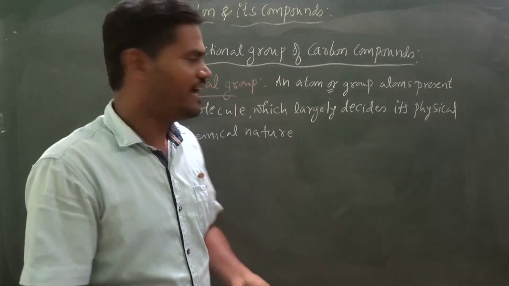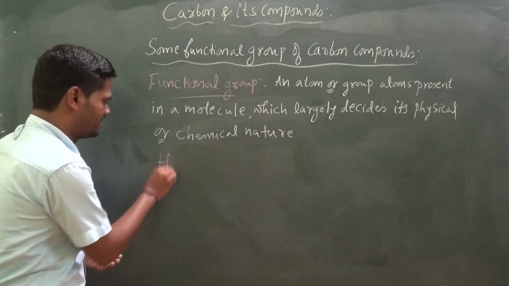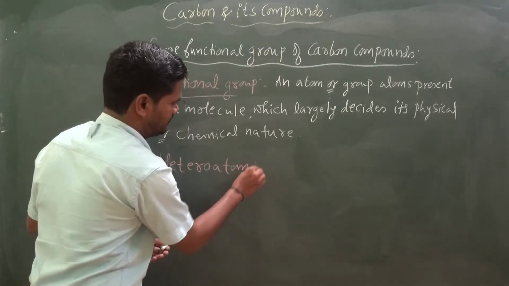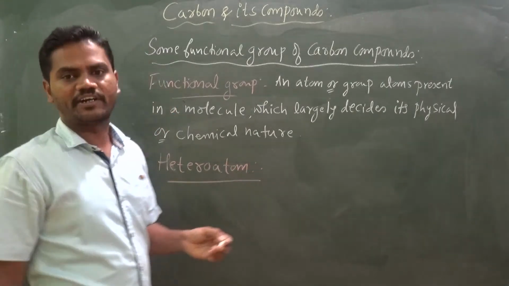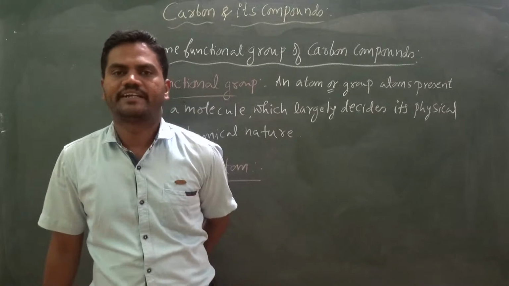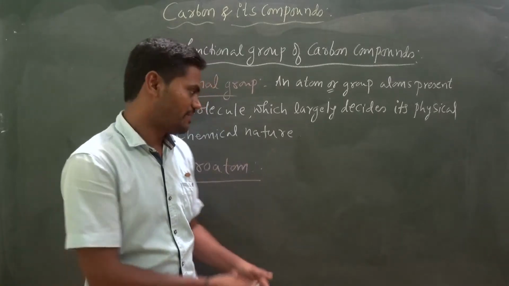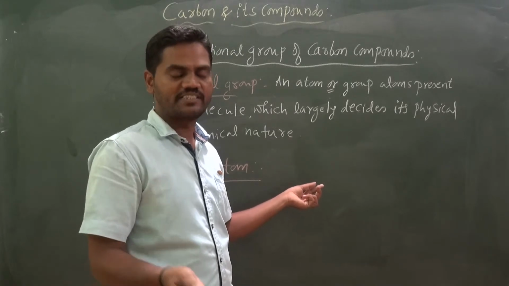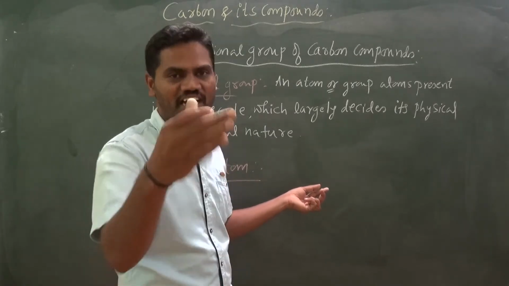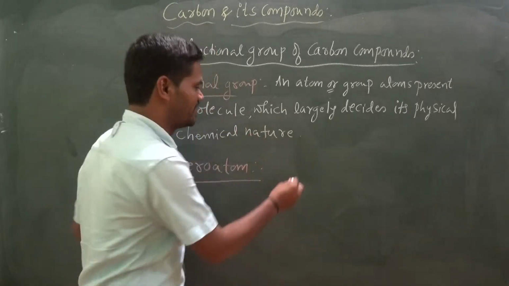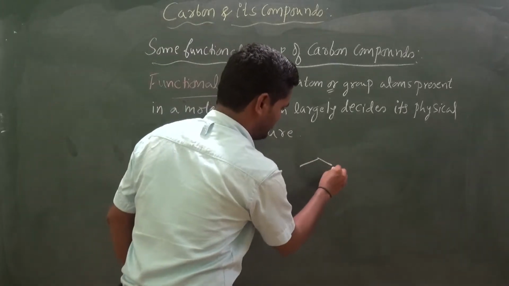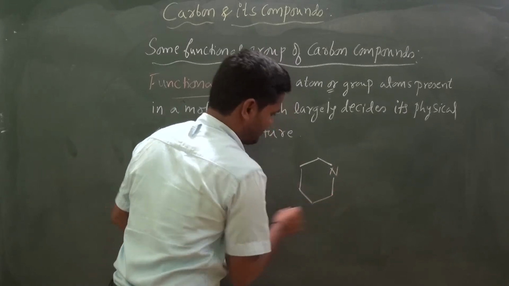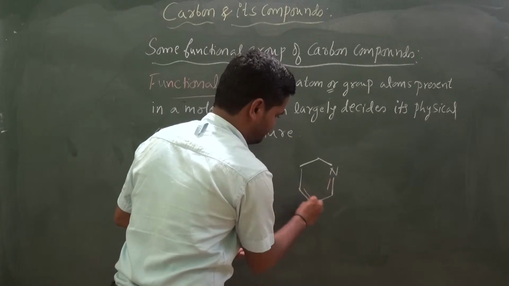Then next one is the heteroatom. There is one term, heteroatom. Okay, a heteroatom is nothing but an atom other than carbon or hydrogen, meaning an organic compound containing an atom other than carbon, then it is known as a heteroatom. So here I can write this one as here.